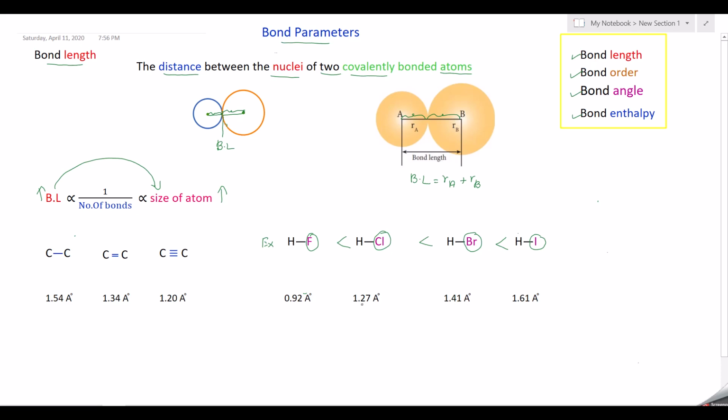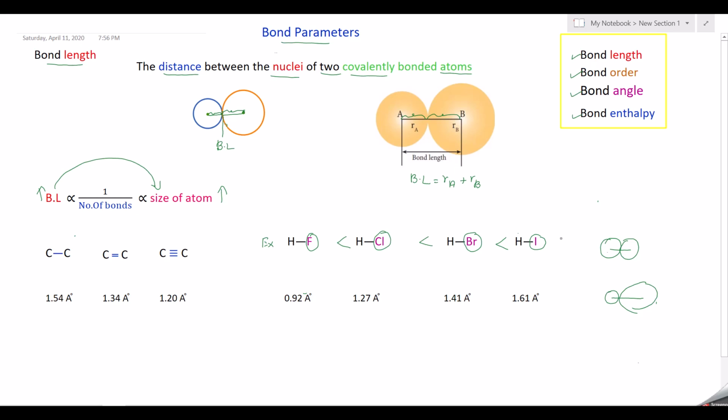Then comes 1.27, and then 0.92, very small bond length here, because hydrogen is small in size, and fluorine is also very small in size. So the distance between these two is very small. But when you take hydrogen and iodine, it is large in size, so the distance between the two nuclei will be somewhat large compared to these two.